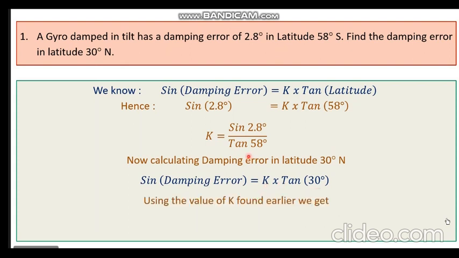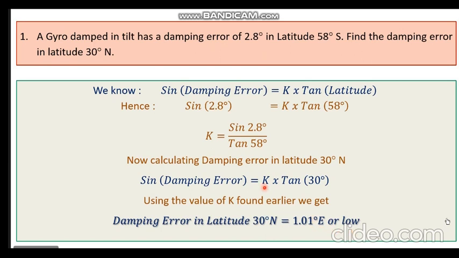Using the value of K as sine of 2.8 degrees divided by tangent of 58 degrees, you put it in the calculator, you will get the damping error in latitude 30 degrees north as 1.01 degrees east or low.